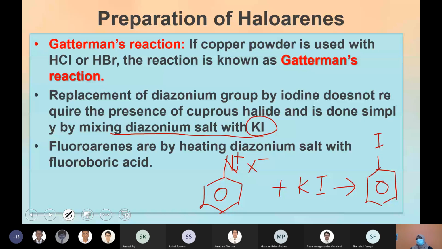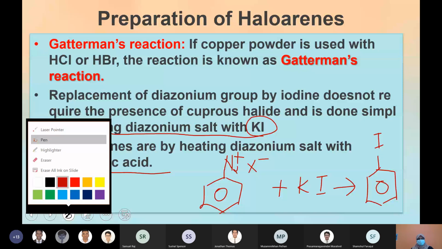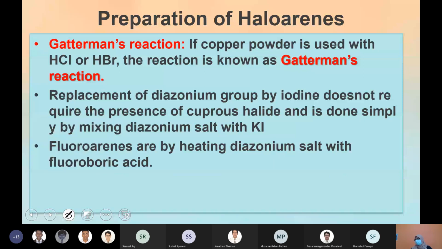And for fluorine, again, after the preparation of diazonium salt, you need to heat it with fluoroboric acid. So these two reactions are not under the Sandmeyer's or Gattermann named reactions. They are separate because they don't need any copper as a catalyst.